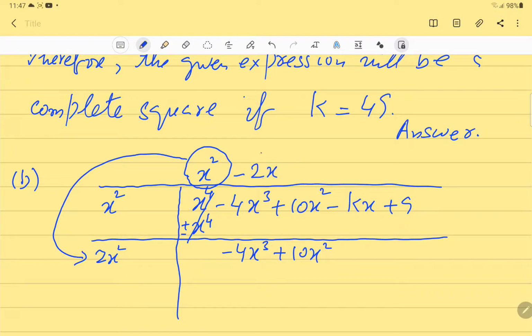So whatever we write here, we will write that term over here as well. So now we will multiply minus 2x with this term and this term. Minus 2x into 2x squared is minus 4x cube, and minus 2x into minus 2x is plus 4x squared.